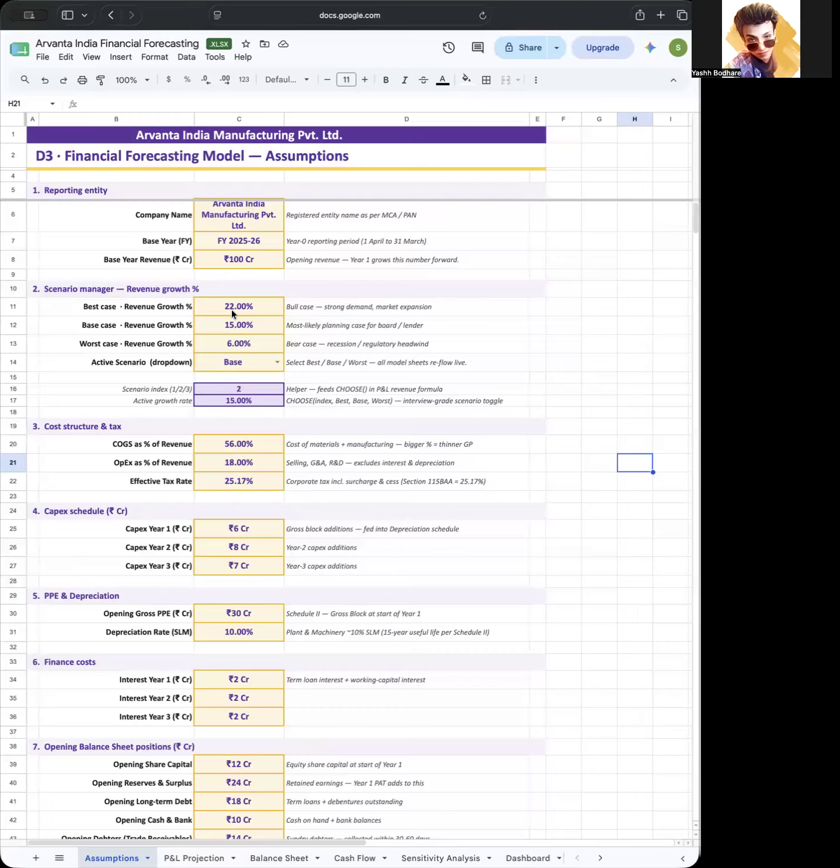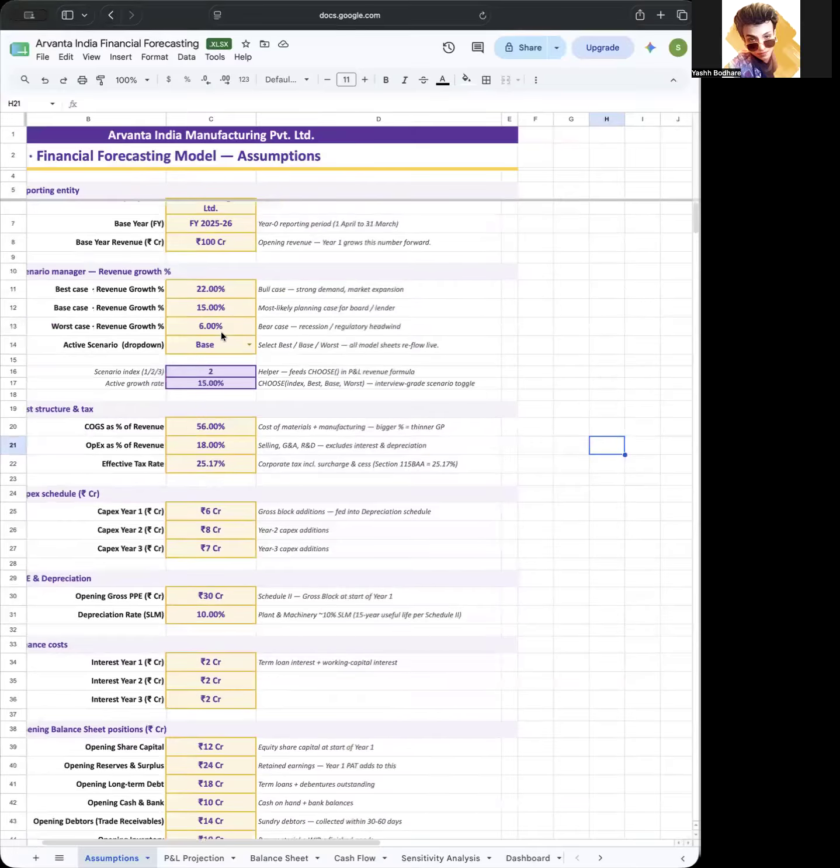So, under this scenario, the company's revenue would grow faster than expected. This does not mean the best case is guaranteed. It represents a favorable outcome that management can use for capacity planning and opportunity assessment.